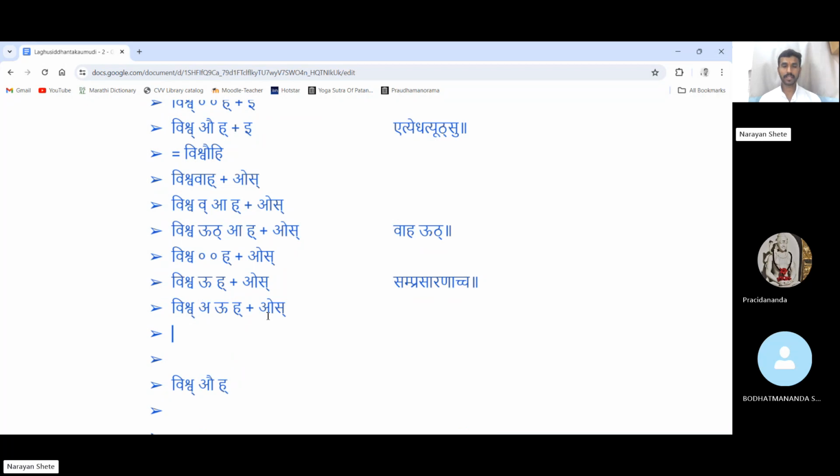Now what will happen here between akara and ukara? Vriddhi. Both of them will disappear. Eka purva prayoha, Vishwa. Vriddhi adesha will happen. Os.